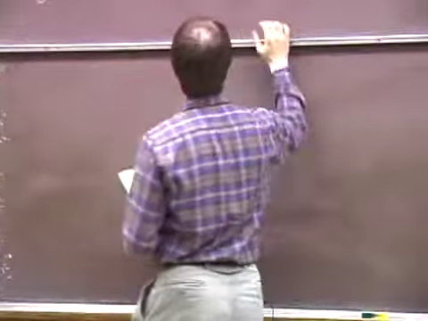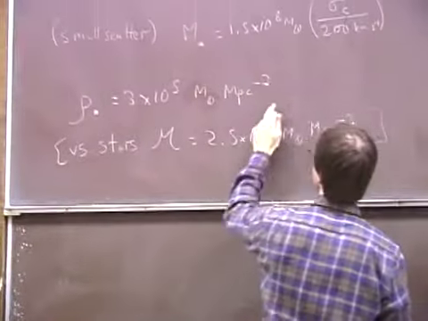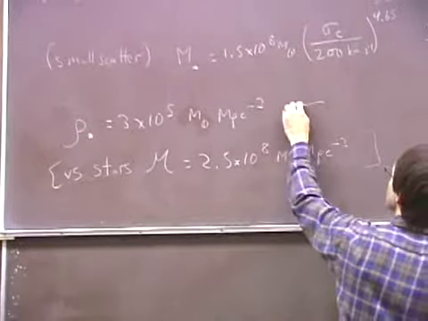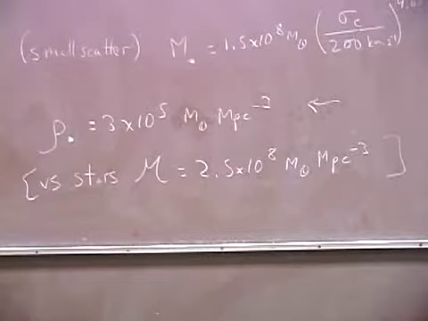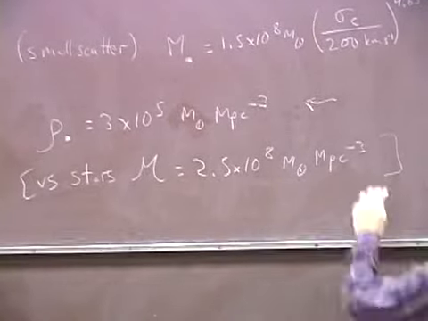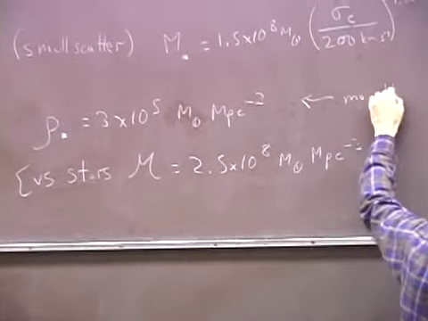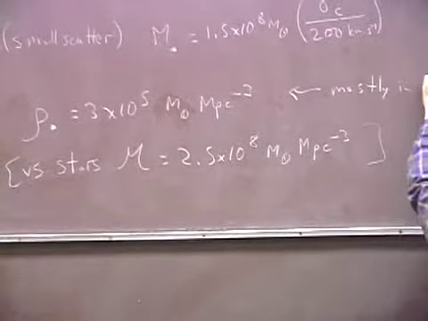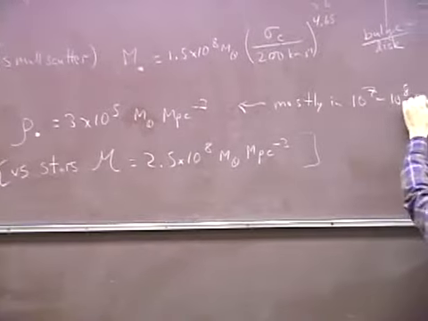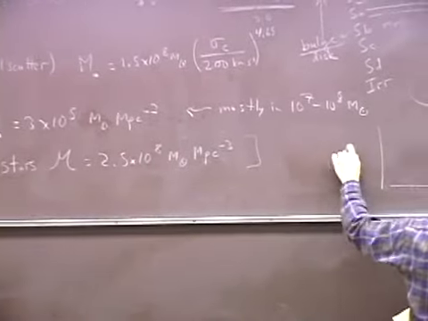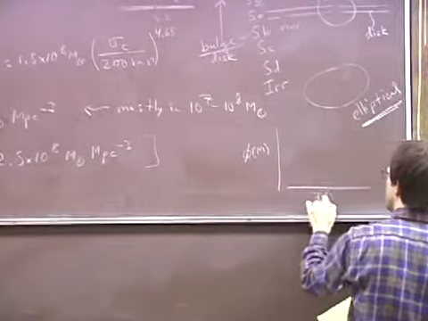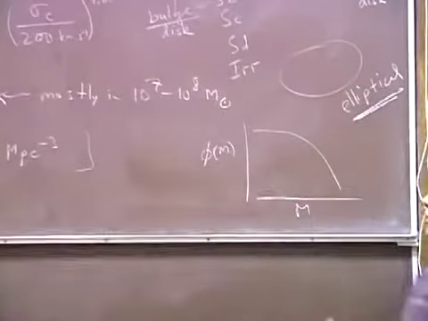But most of the black holes contributing to this mass, so you ask what is the typical black hole mass that's contributing most of that 3 × 10⁵, it's mostly in 10⁷ to 10⁸ solar mass black holes. Okay, and the mass function of the black holes, phi of m, as a function of m, looks something like this.